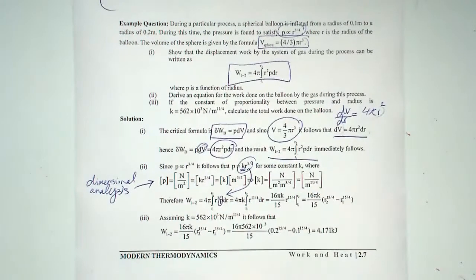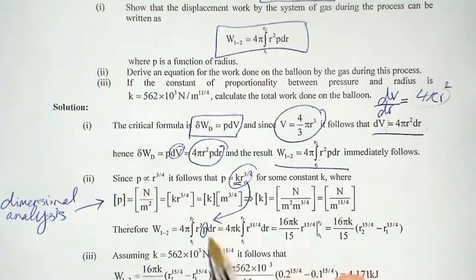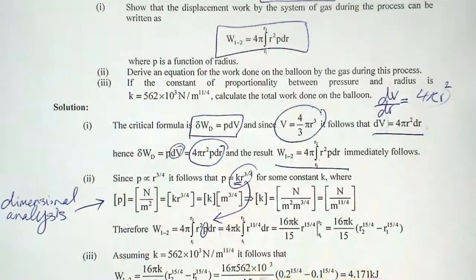Let me zoom in so that you can see more clearly. If you replace this with this, and then add up the powers for R, you end up with R to the power of 11 over 4. Of course, you can take the constants out: 4 pi K is a constant, so it comes out. And naturally, you do the integration here.